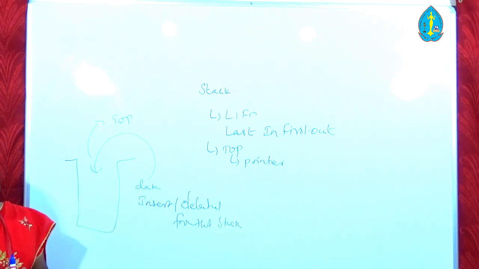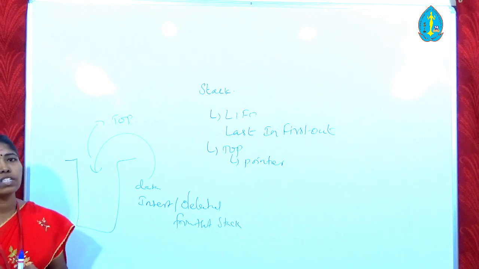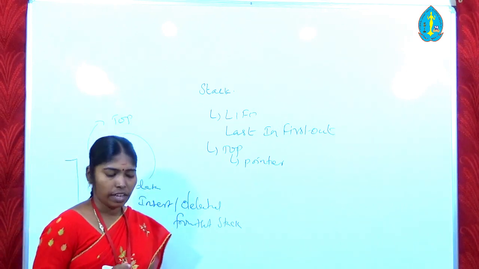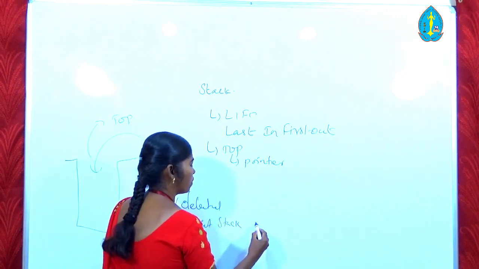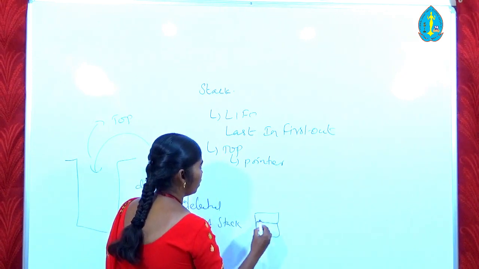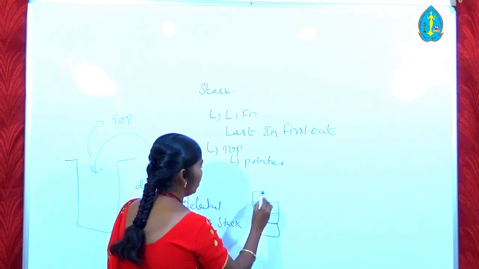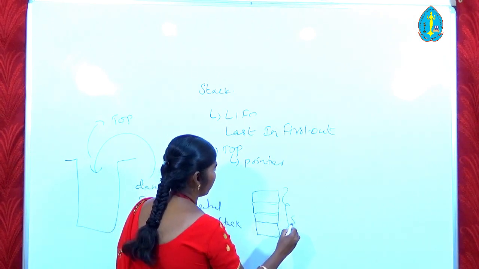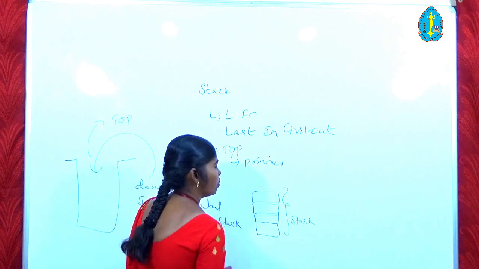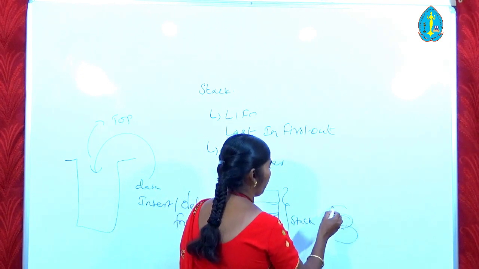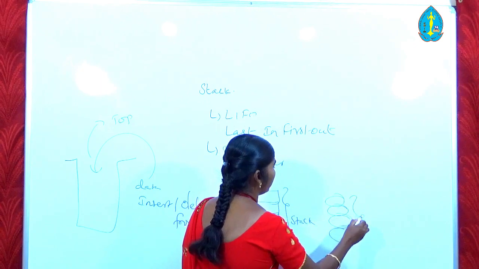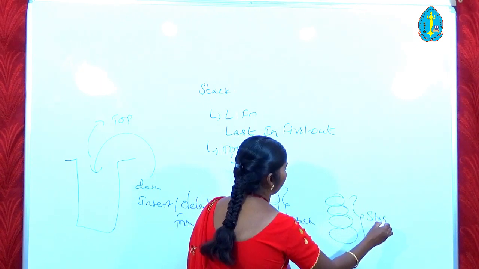Many applications use stacks. Real life examples: arranging books. Arranging books one by one is called a stack. Another real life example is arranging coins. Arranging coins is also a stack.